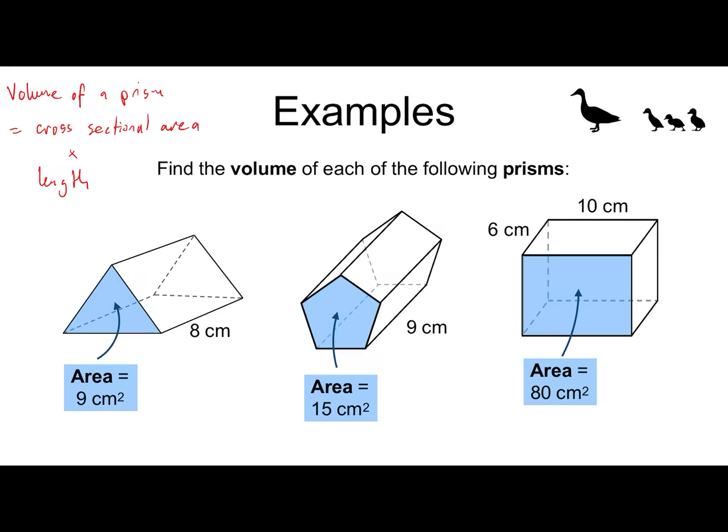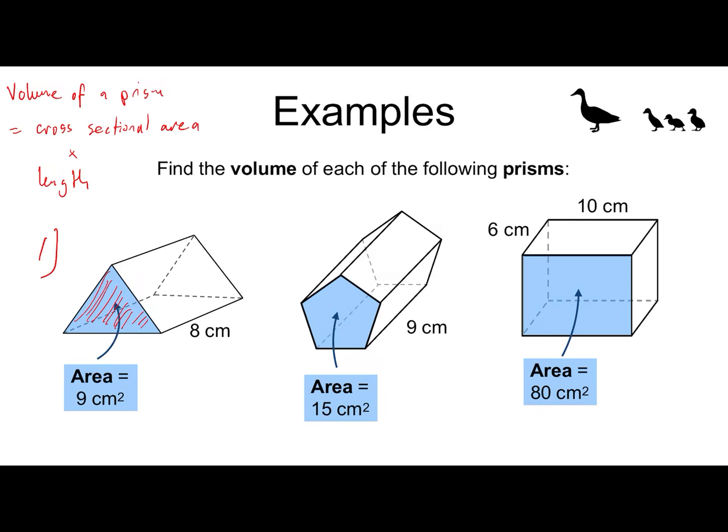So all you've got to do with any prism is first identify that it is a prism, then identify what shape the cross-section is, identify the area of that cross-section, and then just multiply that by the length. So we've got some easy examples here.